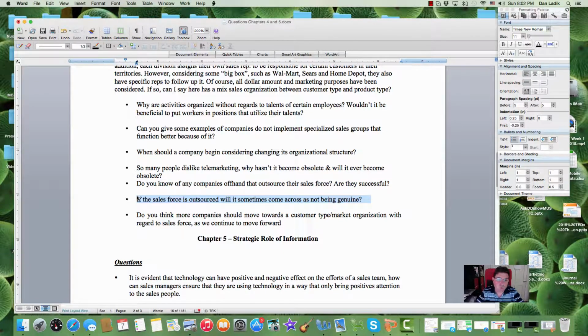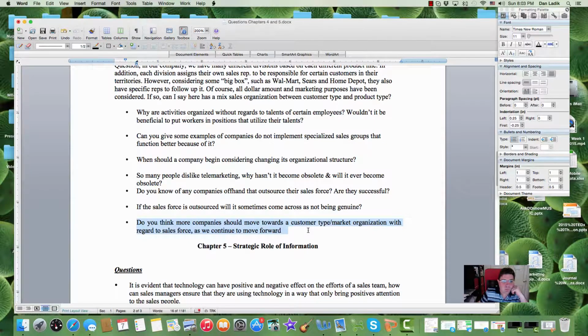So if you are repping faucets and you have Delta, well then you can't have Moen. You can't have Price Pfister. You can only have Delta. So they are being genuine. And these outside sales forces, they only get paid if they sell. That's it.